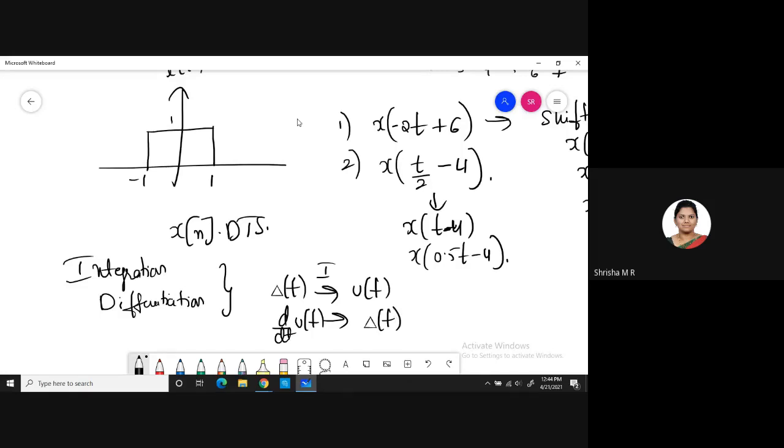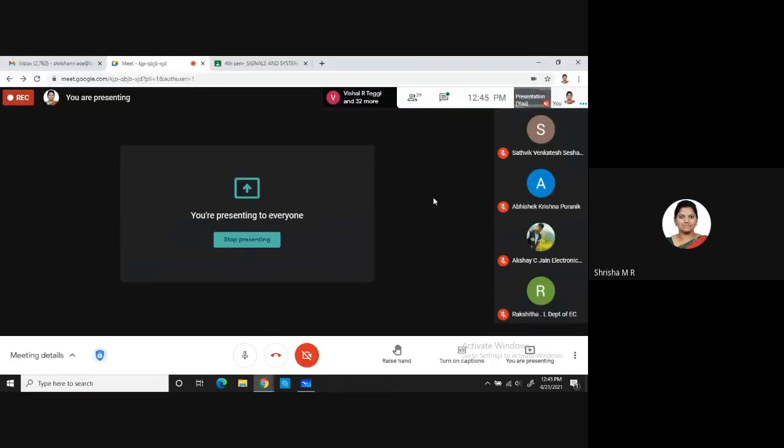If you integrate a unit step, you get a ramp signal r of t. Similarly, if you differentiate a ramp signal, you get a unit step. So you'll have waveforms and you have to draw waveforms depending on integration and differentiation. So we'll discuss all of that.